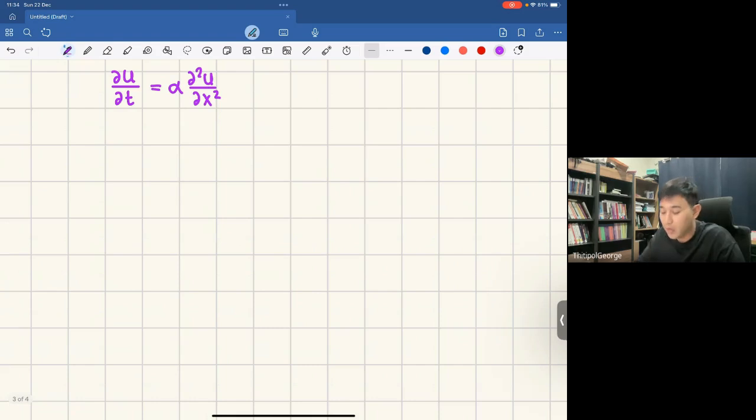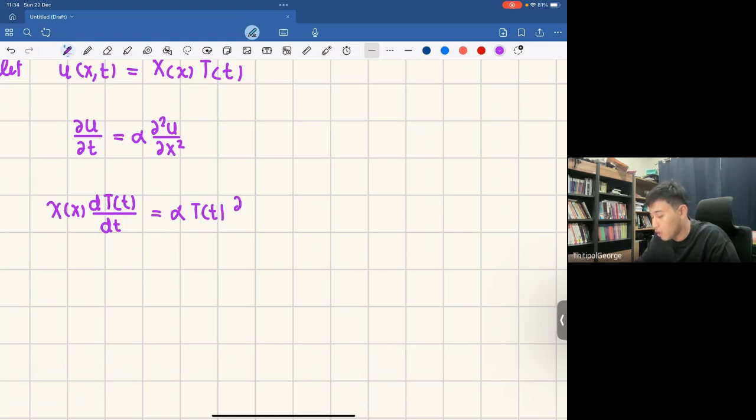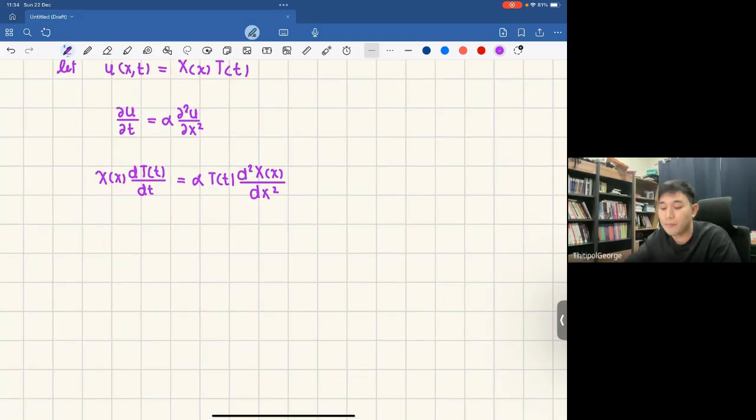So what we have here would be X times dT/dt, since we are differentiating with respect to t, so we only have the T, and then we have alpha, and then T times d²X/dx².